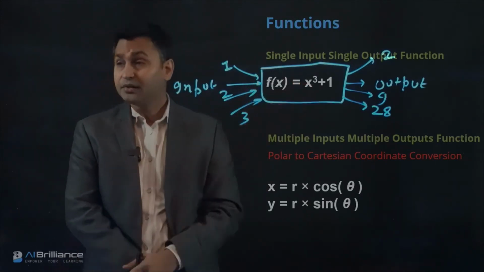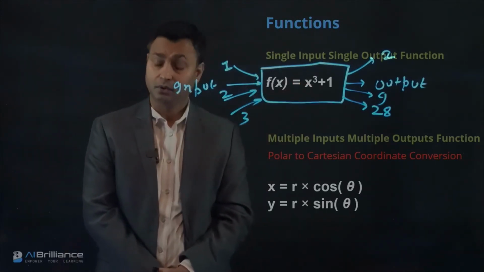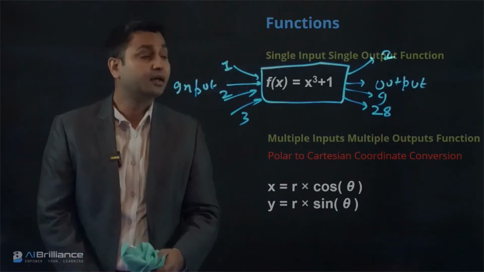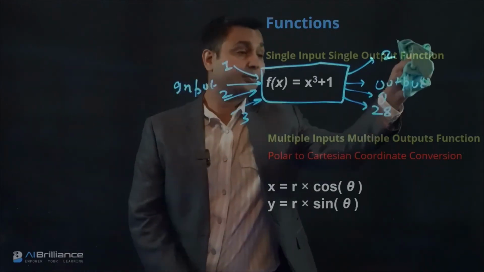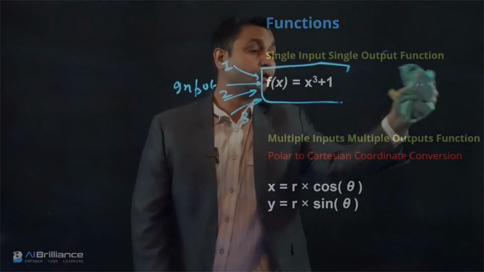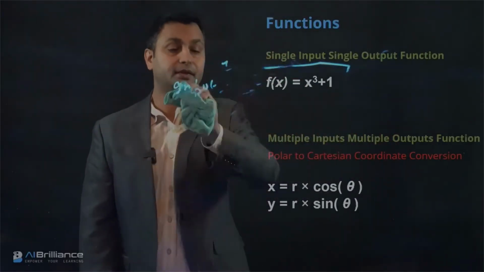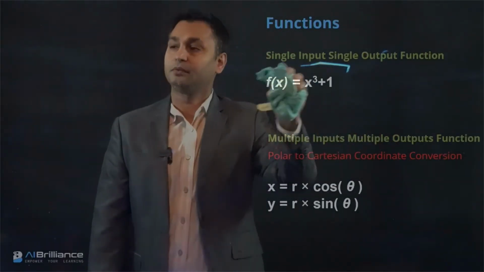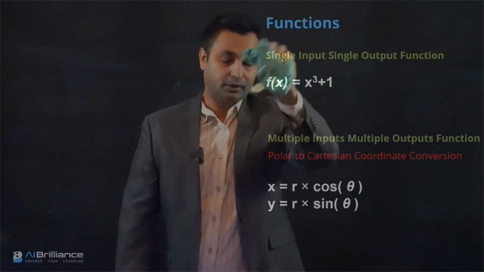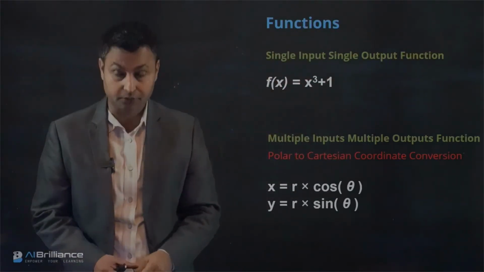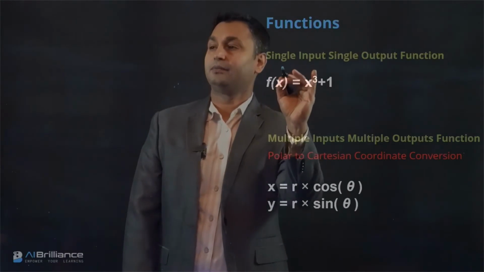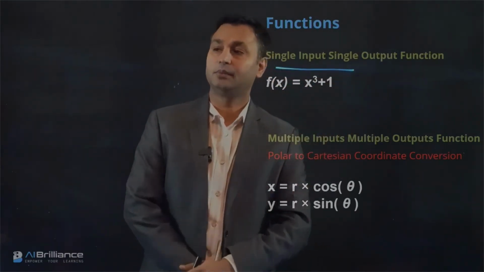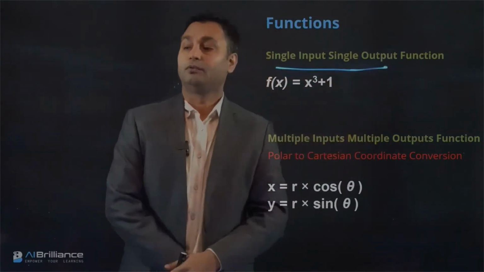Now, this is an example of a function where we have a single input and a single output. We have only one input, which is variable x, and there is only one output, which is x cube plus 1.